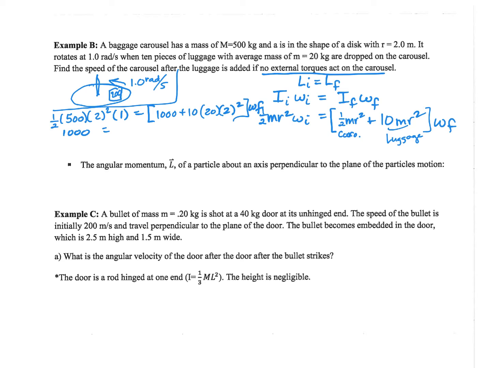Omega final, which is what we're looking for. Let me separate that so you can tell they're not together. So 10 times 20 times 4 plus that 1,000, 1,800 omega final.